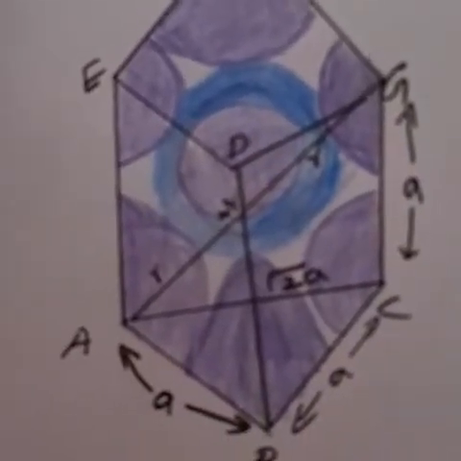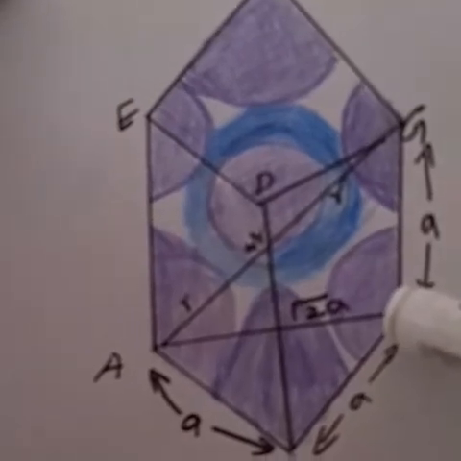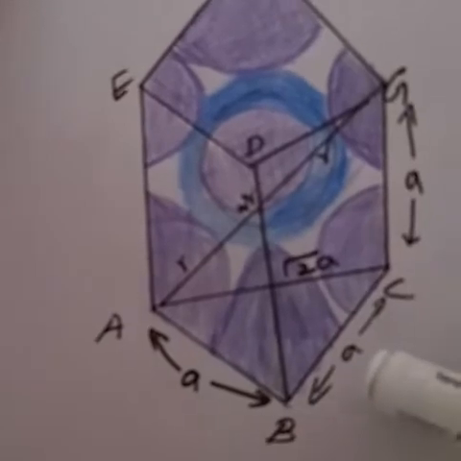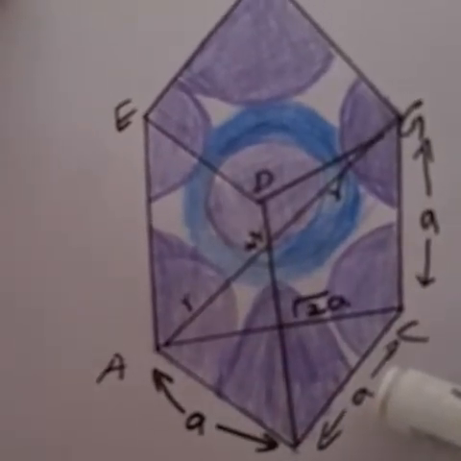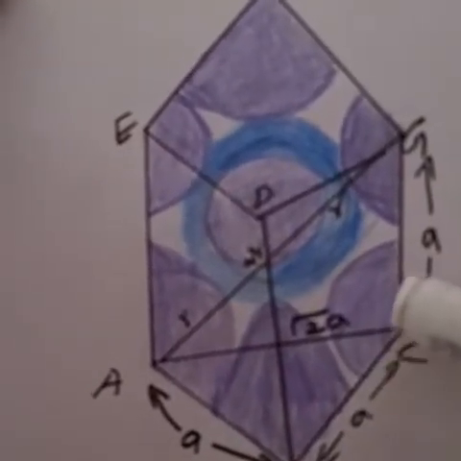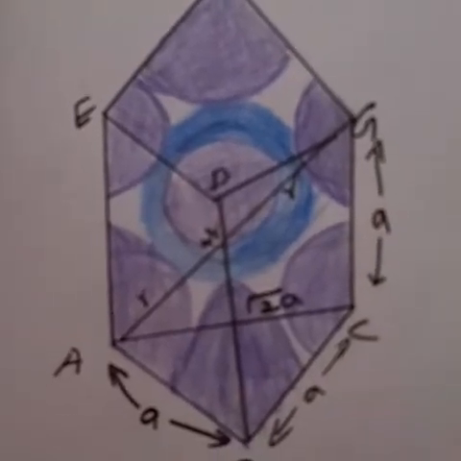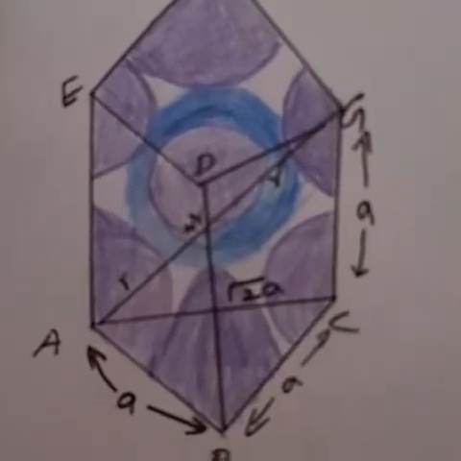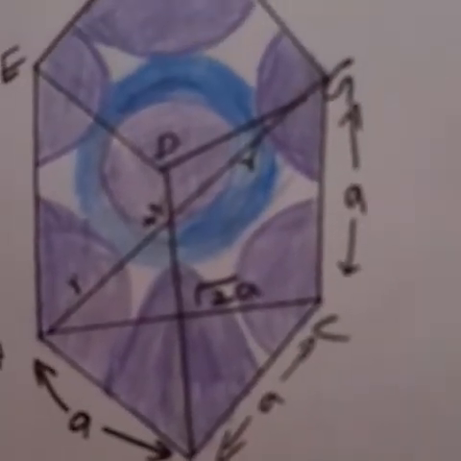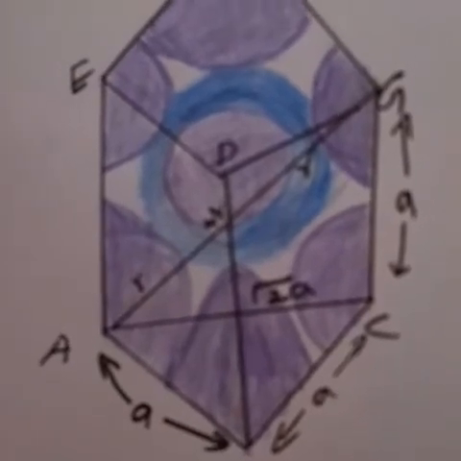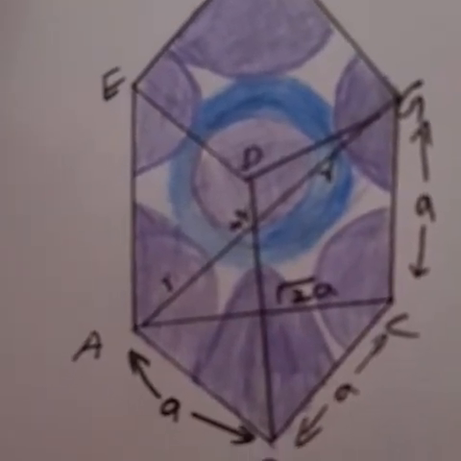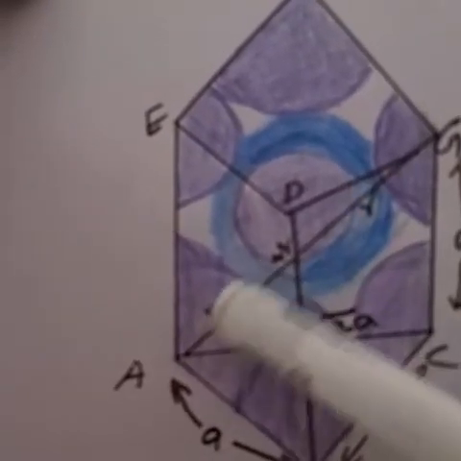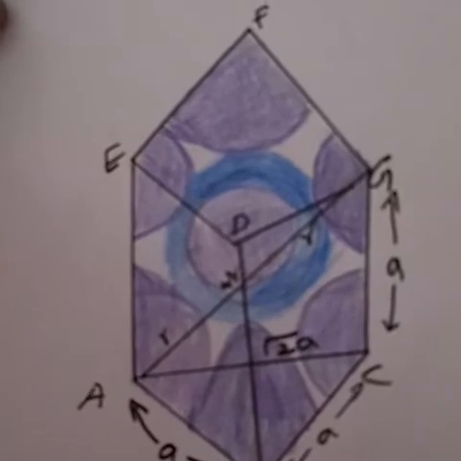This is point A, point B, point C. Distance between A and B is a, B and C is a, AC means root 2 a. Am I right? And about ACG, AC distance is root 2 a, and the CG distance is a. The radius is R, so 4R is the body diagonal.